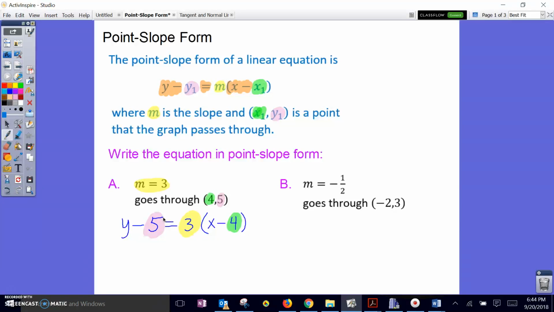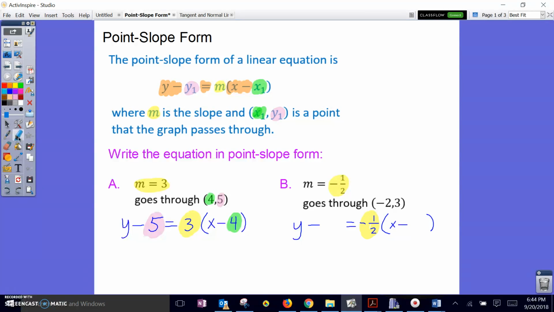We'll do the same thing in part B here. Got y minus the y coordinate is equal to slope times the quantity x minus the x coordinate. And I'm going to go through the same process again. I take my slope right here in front of the parentheses on the right hand side, so negative 1/2 goes in there.